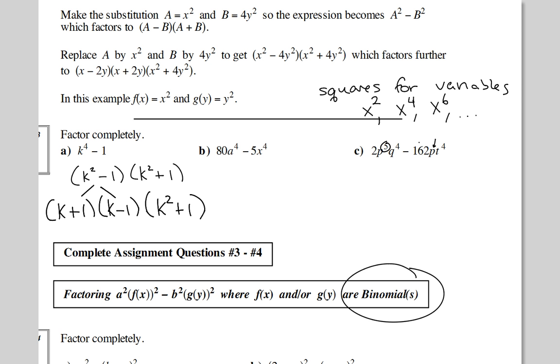Good. I was just going to say that. Don't just jump into trying to do difference of squares with 80 and 5 because, well, 5 and 80 are not perfect squares. But they are both divisible by 5. And there's no variables in common, so we just have to divide by 5. It's 16a4 minus x4. In the brackets there, is that a perfect square, or pardon me, a difference of squares?